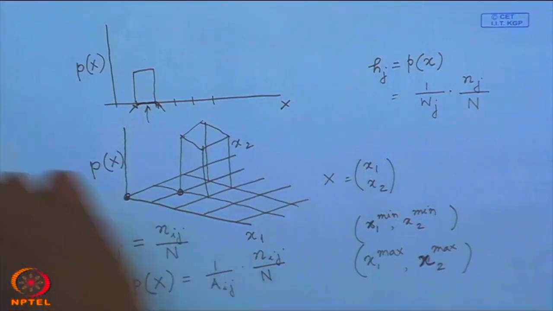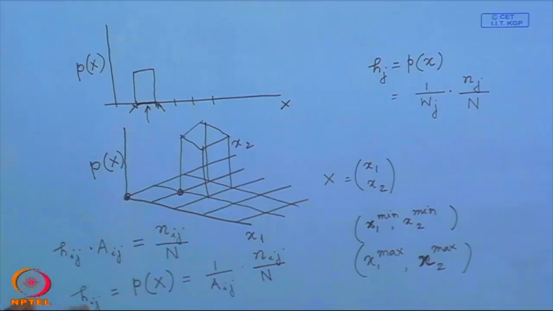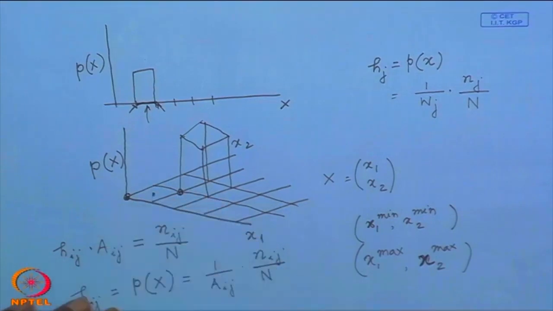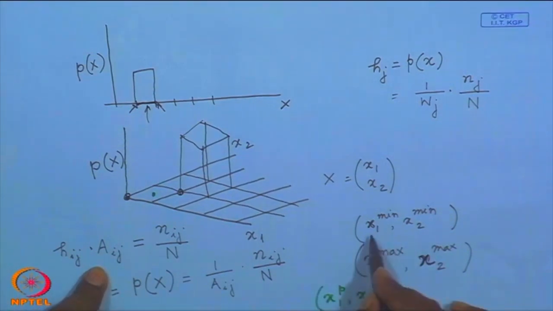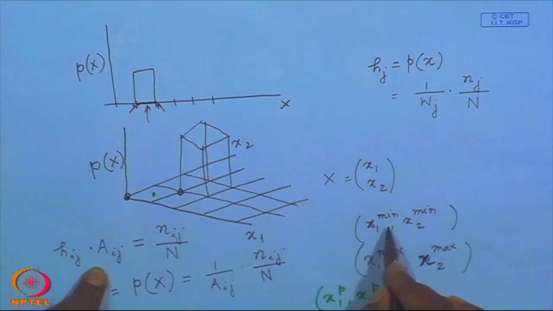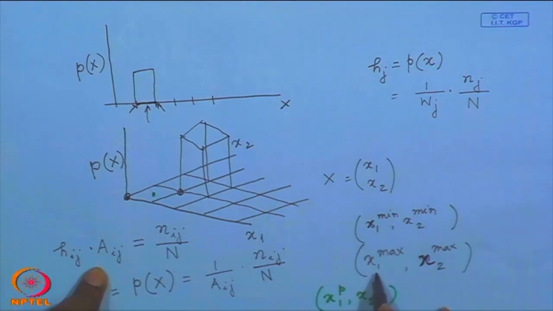Now, for any point P lying within this cell, say with coordinates x1p and x2p, the condition must be that x1p is greater than or equal to x1 min and less than x1 max.